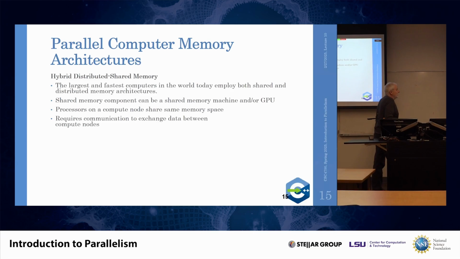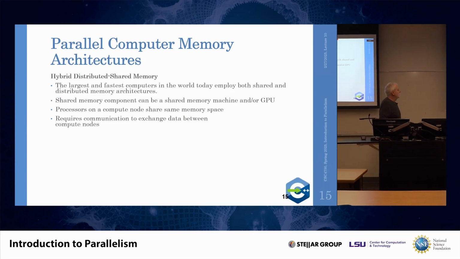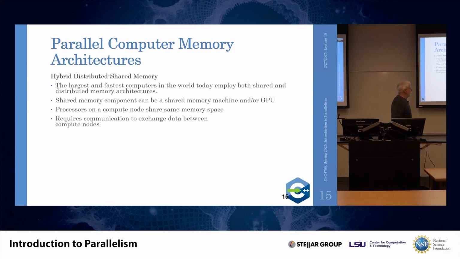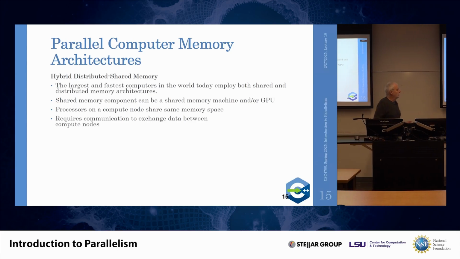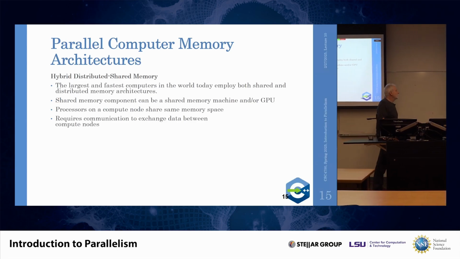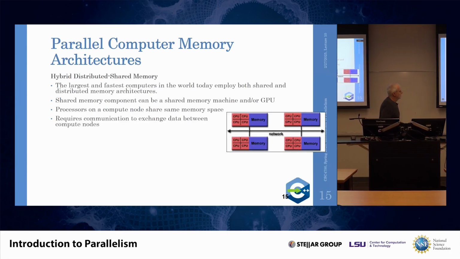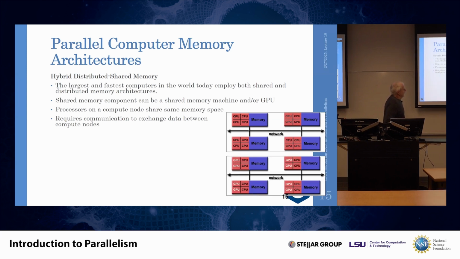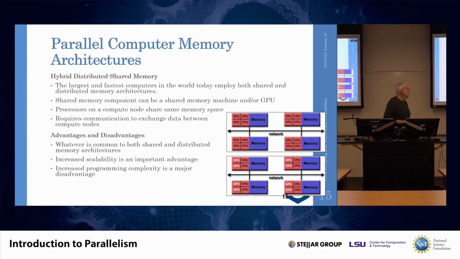And there certainly are hybrid solutions between shared and distributed memory systems. And that is what we see in the largest computers we have today. Each of the nodes is a shared multiprocessor system on its own, and they are connected with a high-speed, low-latency network to ensure communication is kind of efficient. So advantages and disadvantages are obviously the same as before.